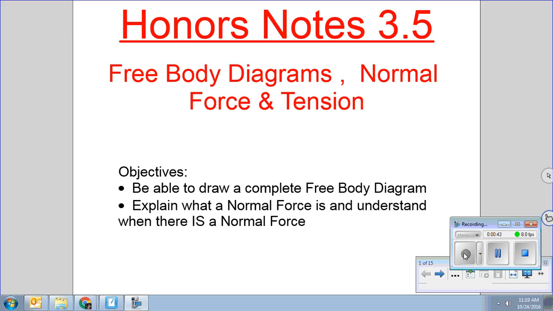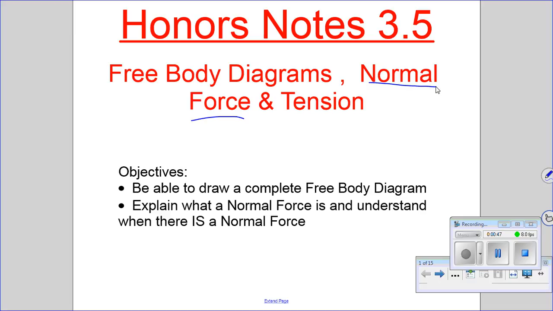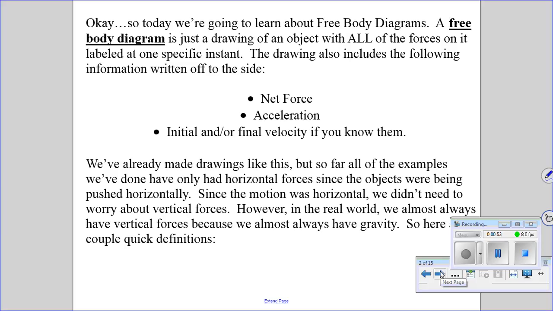And in specific, we're going to learn a little bit more detail about normal force, which we've talked about, and another force called tension. Okay, so that's the deal for today. All right, so this basically just says what I said a second ago, which is that your drawing is going to include, for sure, your net force and your acceleration, written off to the side.